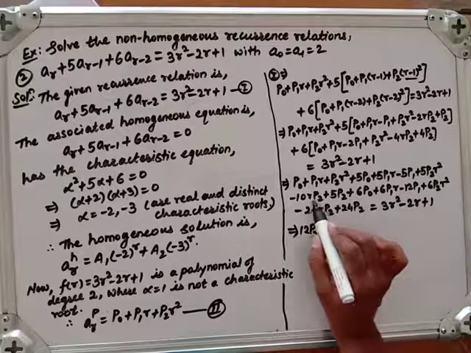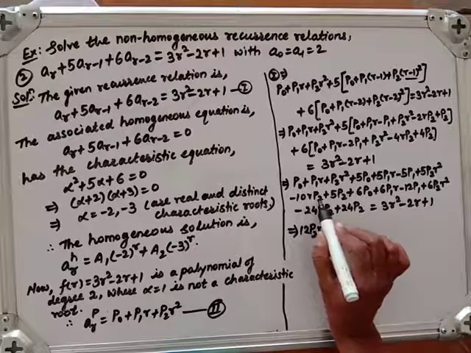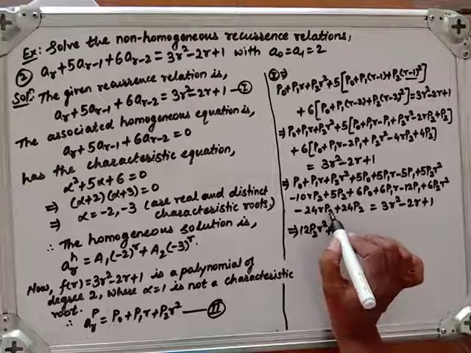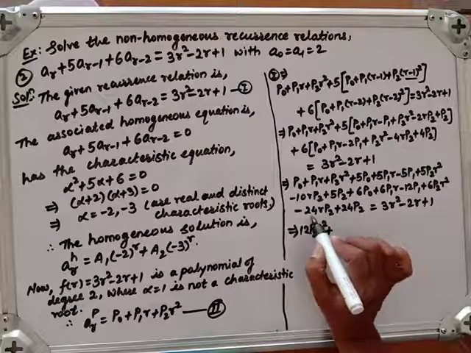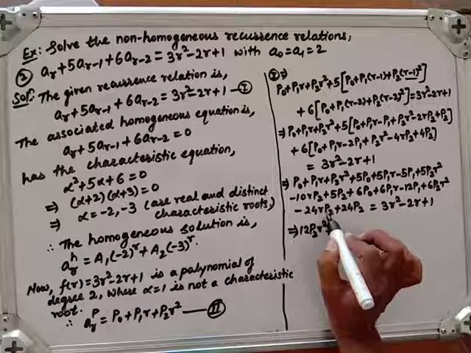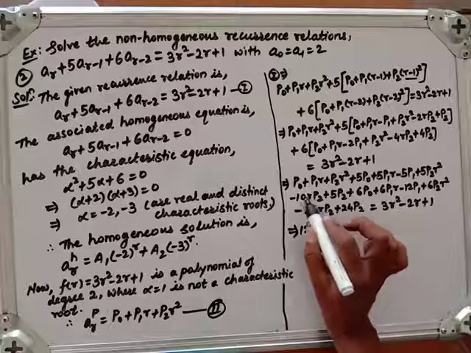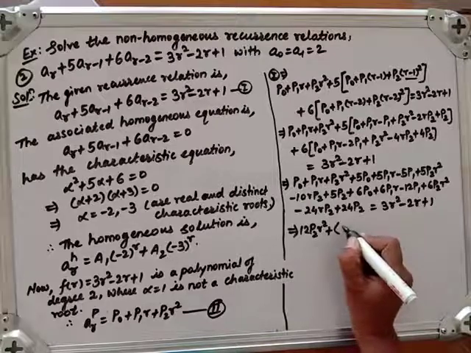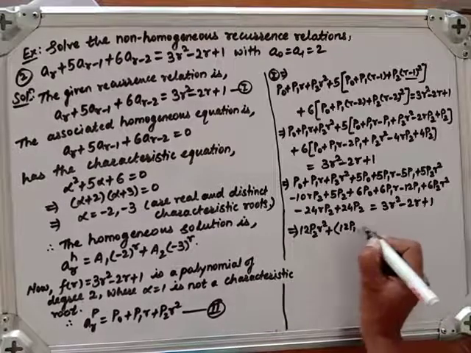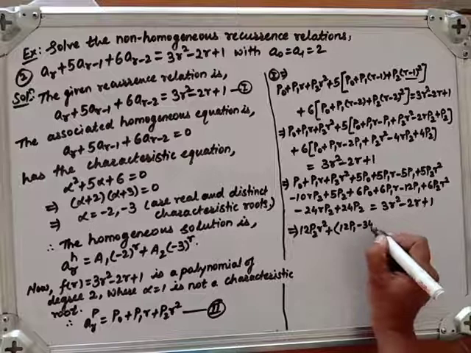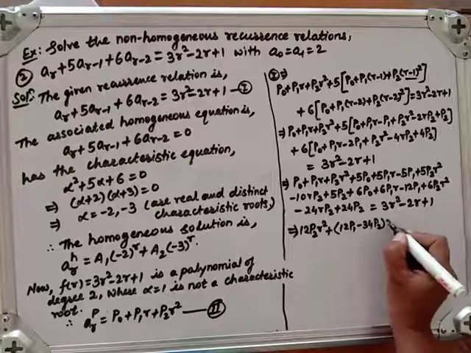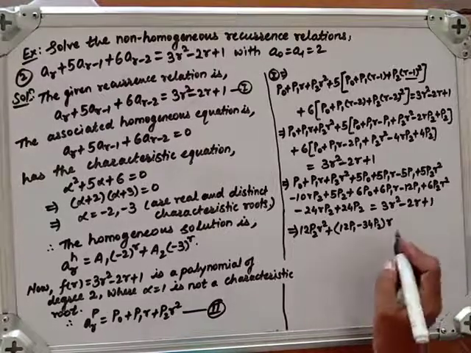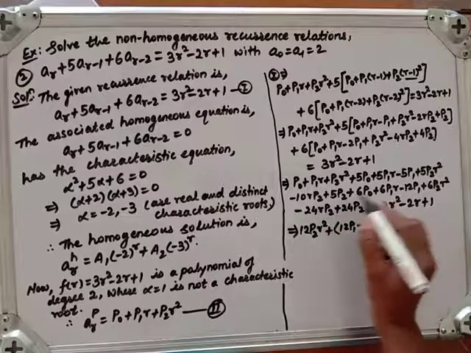Now collect the term for P2R. This is minus 10 minus 24, so they will be minus 34, it will get added. So here we get 12 P1 minus 34 P2 into R, okay, and the remaining are the constant terms.